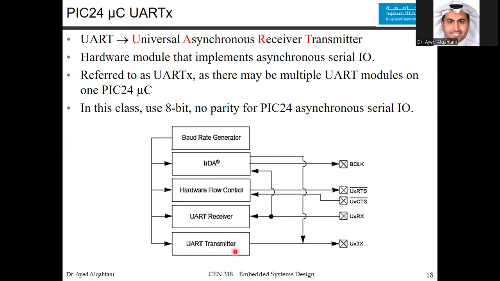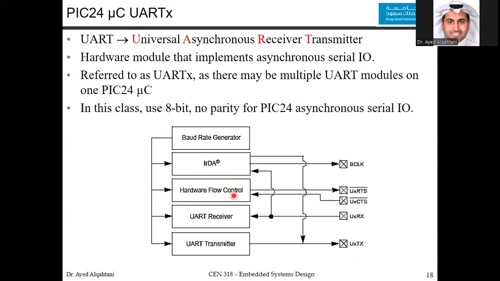We have a UART transmitter that transmits bit by bit, which we call UxTX. And you have other logic that organizes the transmission, but it's more like optional, if you want to use it.